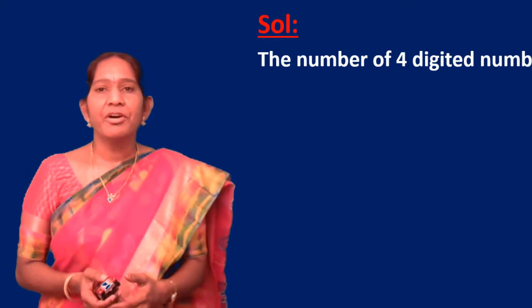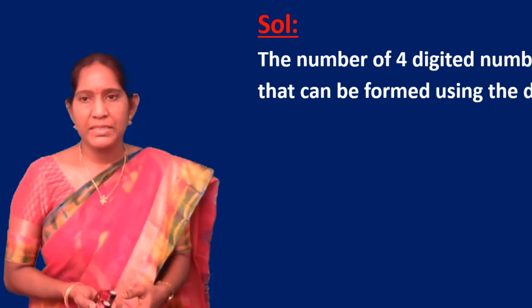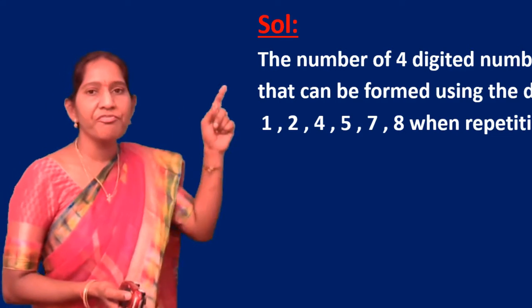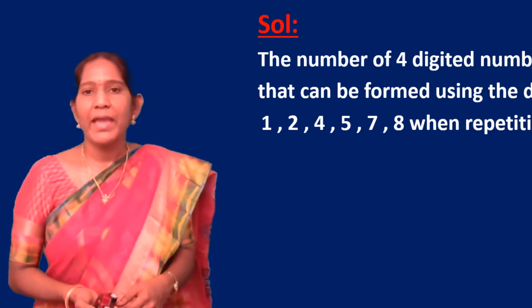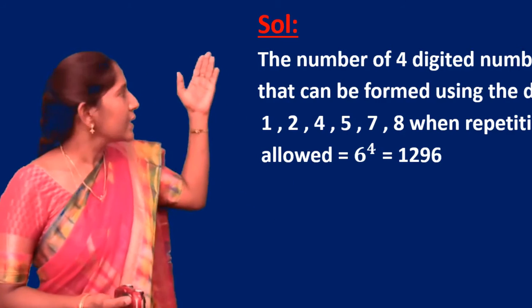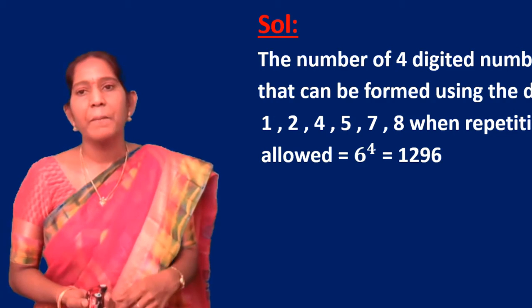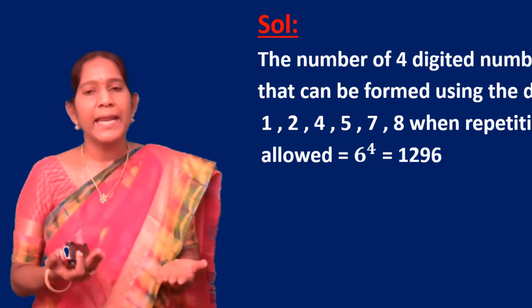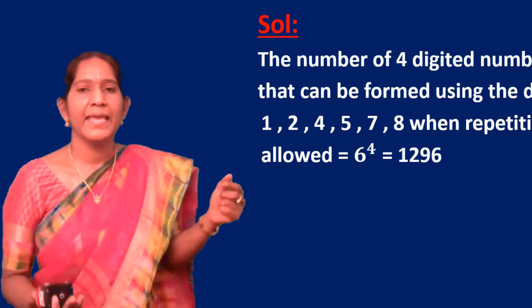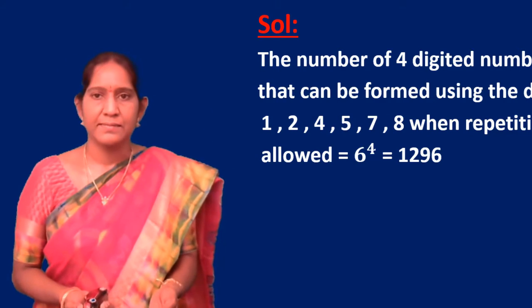The number of 4-digit numbers that can be formed using the digits 1, 2, 4, 5, 7, 8 when repetition is allowed. That means here r equals 4 and the given digits n equals 6. So by using repetition, n to the power r, it is 6 to the power 4, that is 1296.